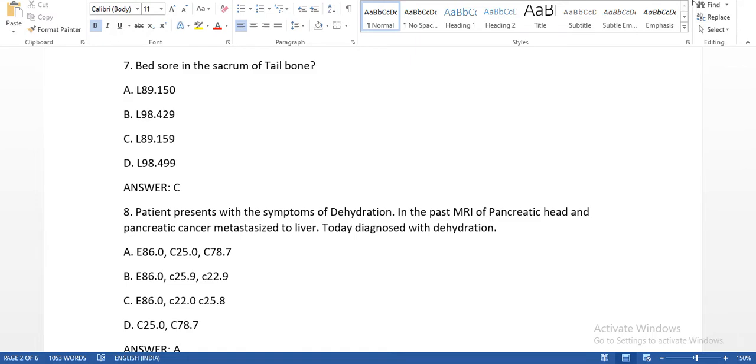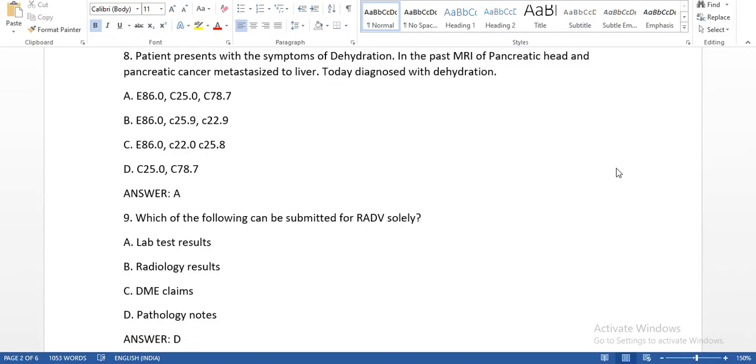Whenever you find bed sores in the sacrum or tailbone, or a pressure ulcer, we need to check the stage. Wherever the stage is in the document, we can take it as the stage, and based on that stage we have a separate code.